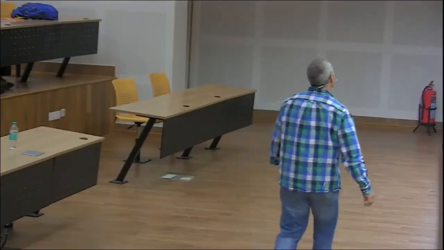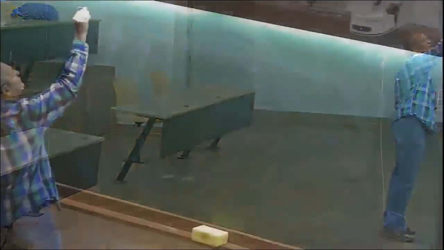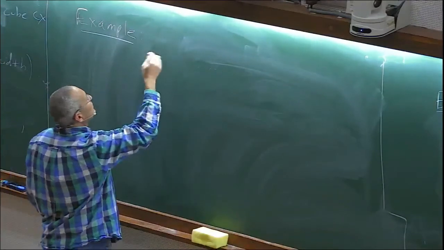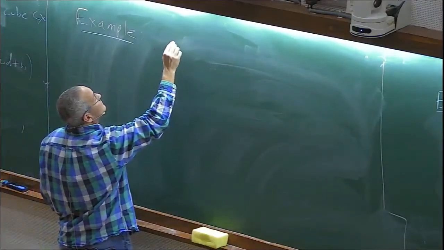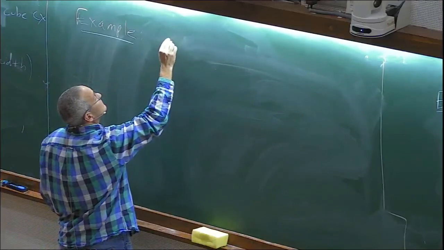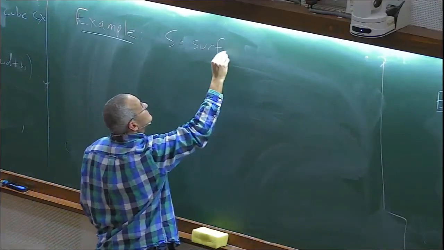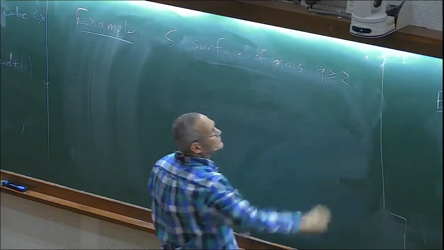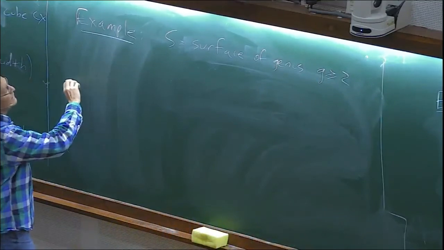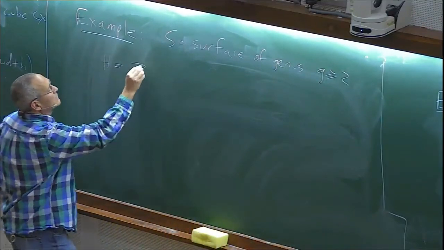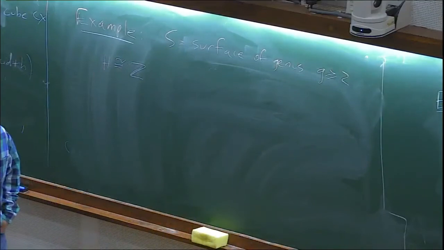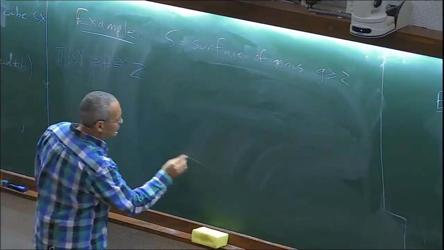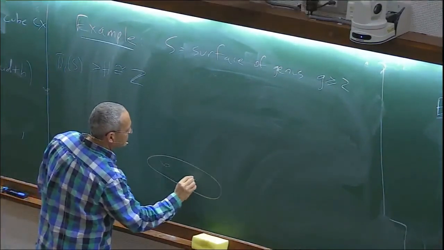A nice example from the hyperbolic world is to think of a surface. So S is a surface of genus g bigger than 2, and you take H to be any cyclic subgroup of the fundamental group of S. So you're really thinking now about a curve on a surface.